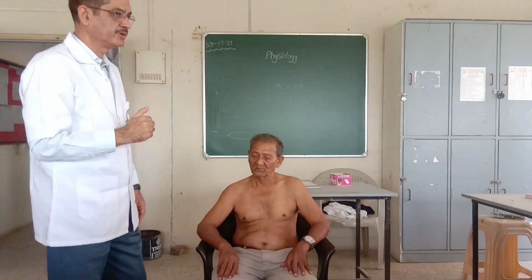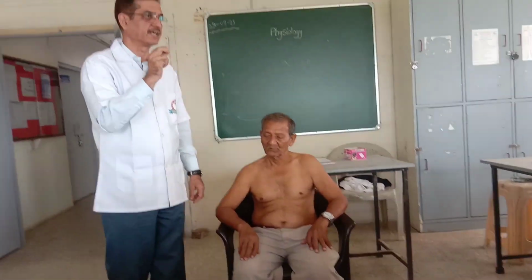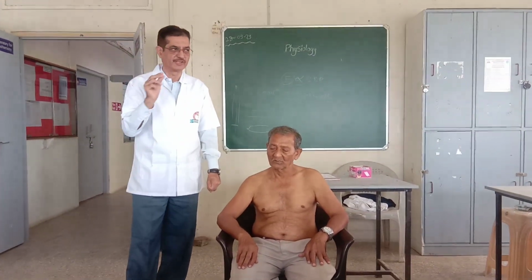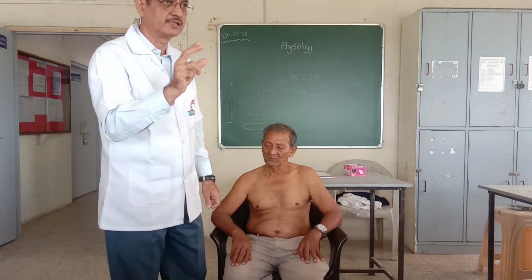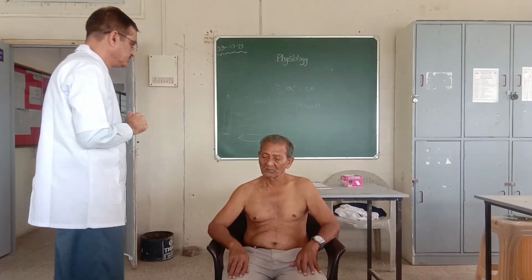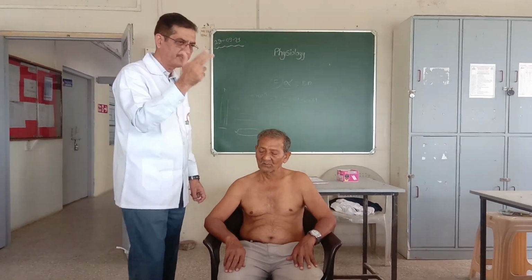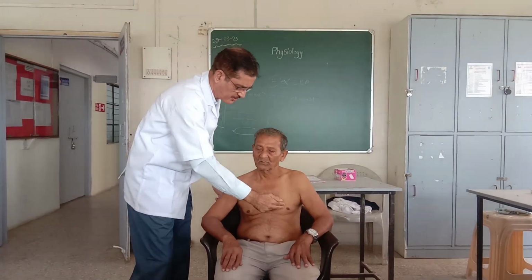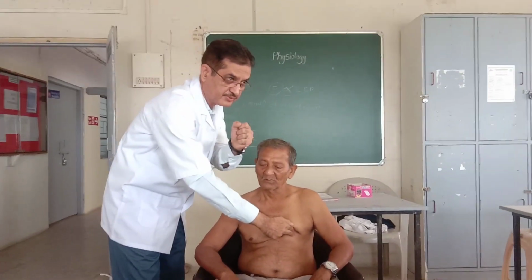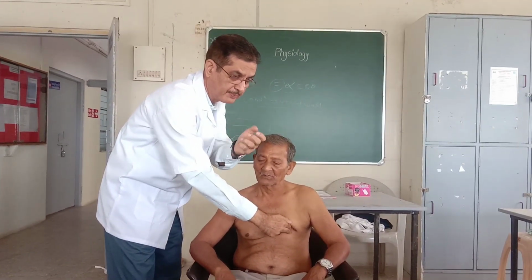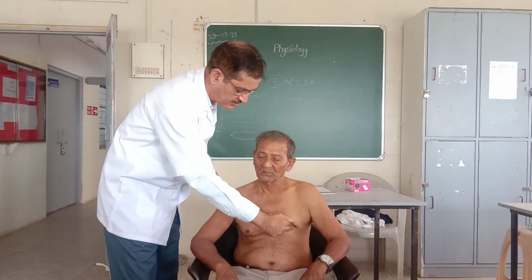The second point that we have to palpate is the character of the apex beat. After position, we are going to see the character. So you have to feel. After palpating the apex beat, you are going to get a thrust, a normal thrust, an uplifting of the fingers.